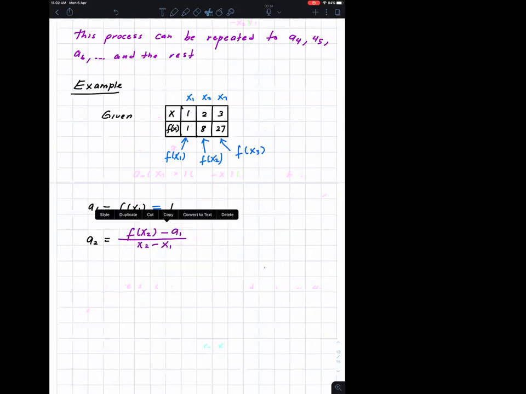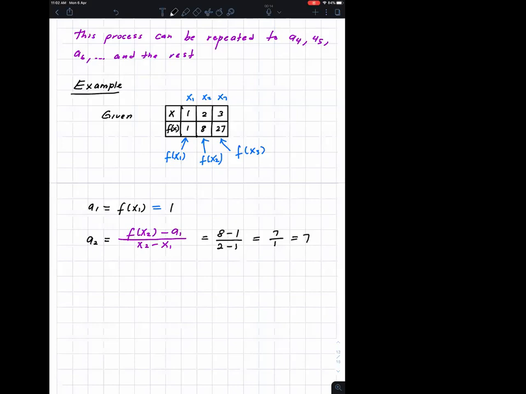Using this formula, fx2 is given as 8. A1 is 1, divided by x2, 2, minus x1, which is 1. 8 minus 1 is 7. 2 minus 1 is 1. So A2 is 7.